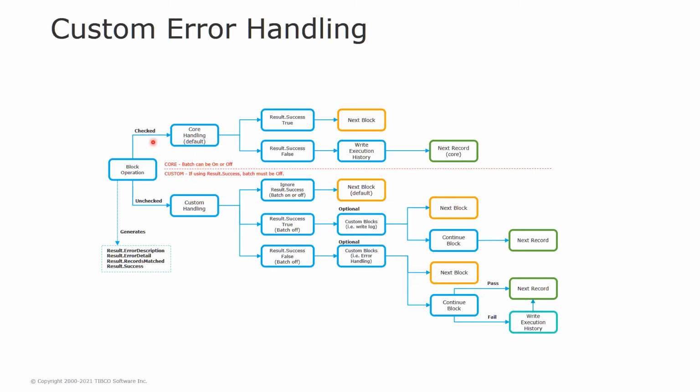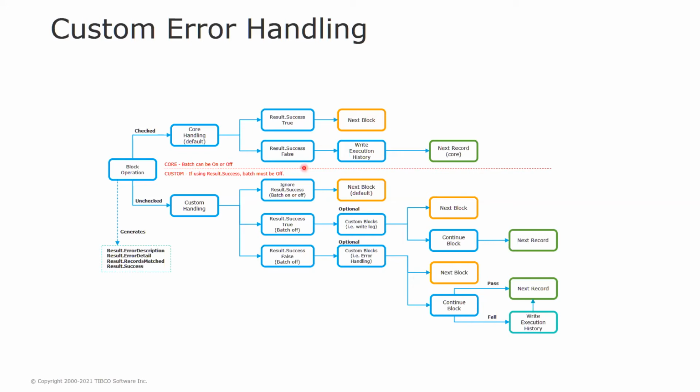Once the connector returns the results of the operation, it inspects to see if that has been checked. And if it has, it goes to the default error handling path, which is this branch up here. If it's true, it just goes to the next block. Pretty straightforward, but that's how it works.